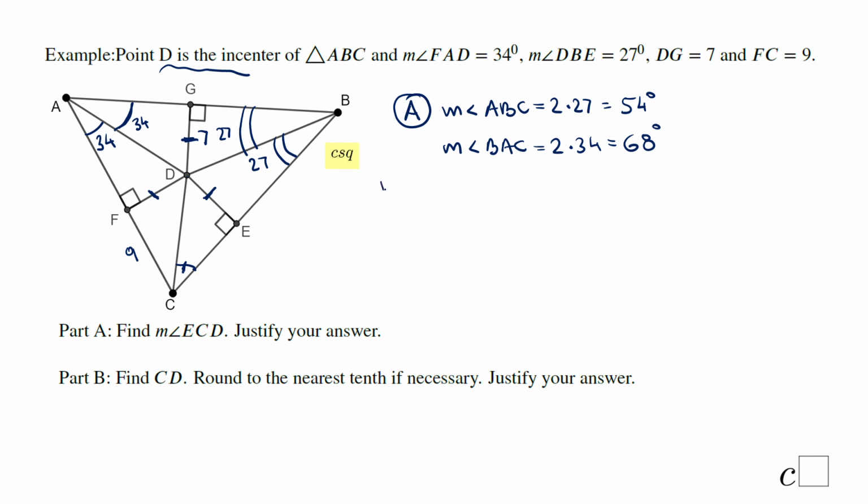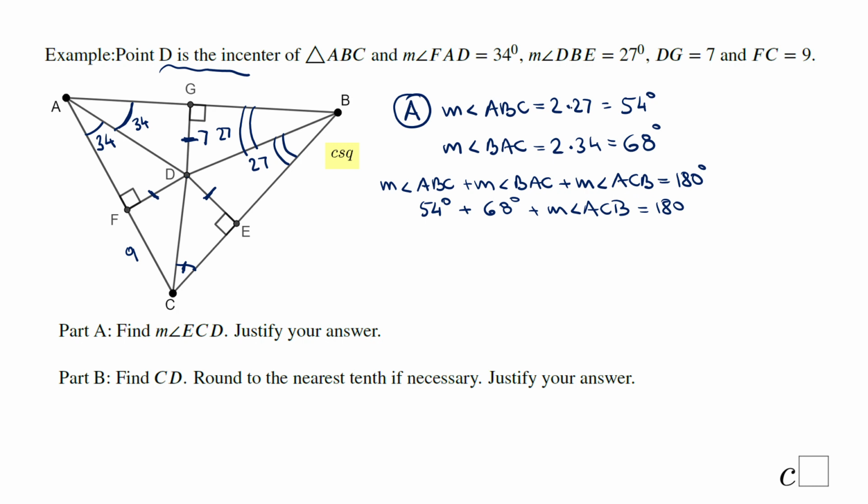So what do I mean by that? The measure of angle ABC plus the measure of angle BAC plus the measure of angle ACB, the last one, the one we need to find out, is 180 degrees. So we have here 54 plus 68 plus the measure of angle ACB equals 180.